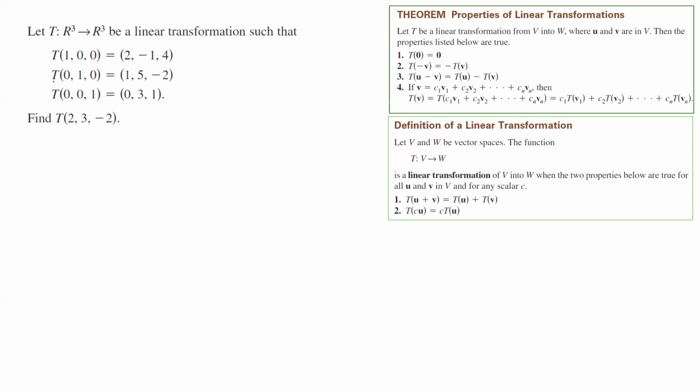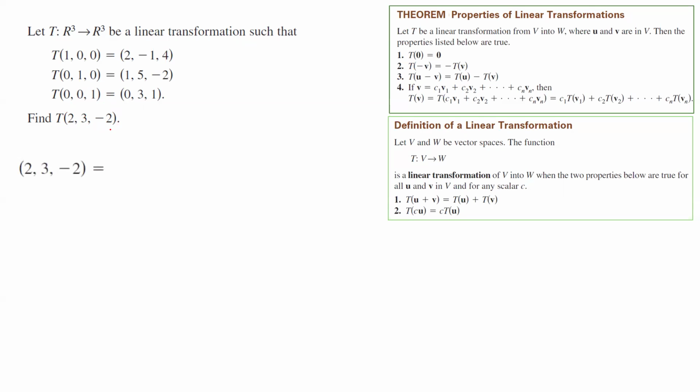This linear transformation also takes (0, 1, 0), again a member of the standard basis, and gives you (1, 5, -2). It takes (0, 0, 1), another member of the standard basis, and gives you (0, 3, 1). Now the question says, what if I plug in (2, 3, -2)? What is the output value?